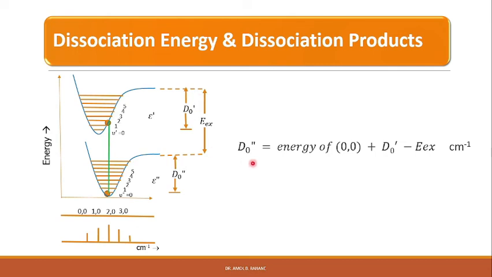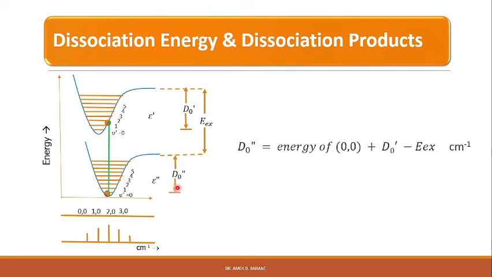Therefore D0 double prime is equal to the energy of the 0-0 transition plus D0 prime minus Exe. So we can easily get the value of dissociation energy from the ground state by simply studying the spectrum.